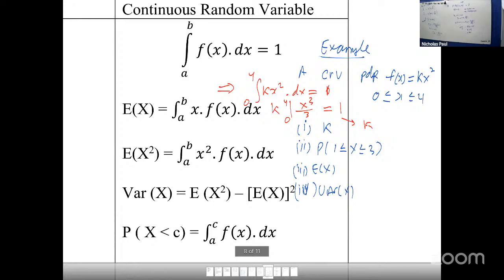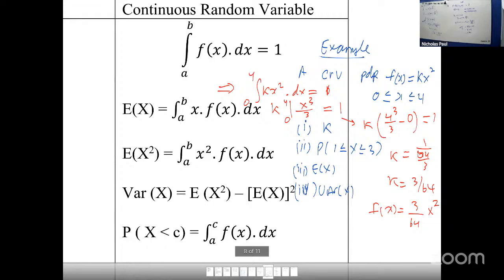So after plugging in 4 and then plugging in 0, solve for k. That's 1 over 64 on 3. So I got 3 on 64. So we know what f of x is now. The f of x is 3 on 64 x squared.